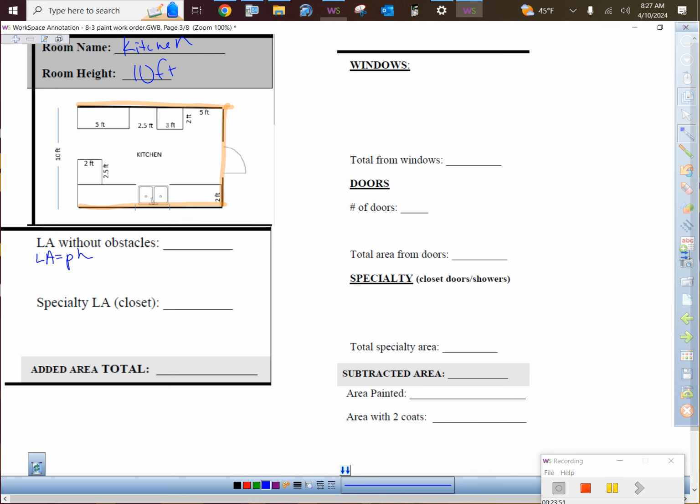I have to add all this up. I'm going to save you a little bit of time. That's 15.5 feet is what that adds up to be. And how wide is the room? 10 feet. And that's 15.5 feet. Add these 3 numbers together to find the quote-unquote perimeter of what gets painted.